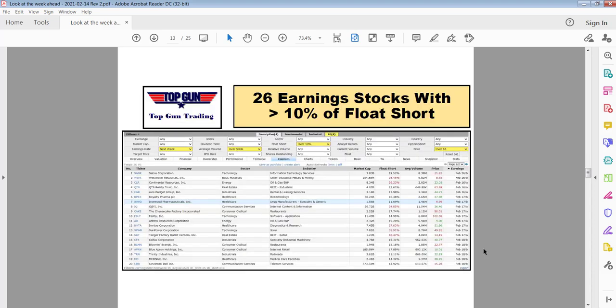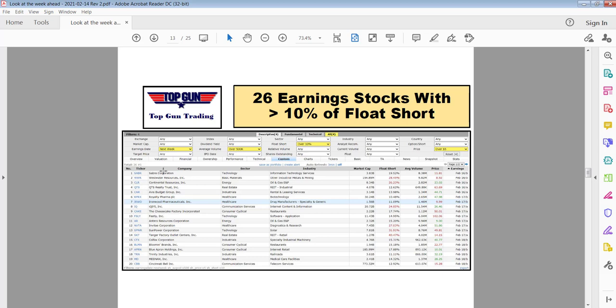I use FinViz every week to look at stocks that are reporting earnings, and I did it on Saturday, so therefore it looks at next week, not this week. Average volume over 500,000 and float short over 10, and I want the price of the stock to be over 5 because I'd like for it to be optionable if at all possible.